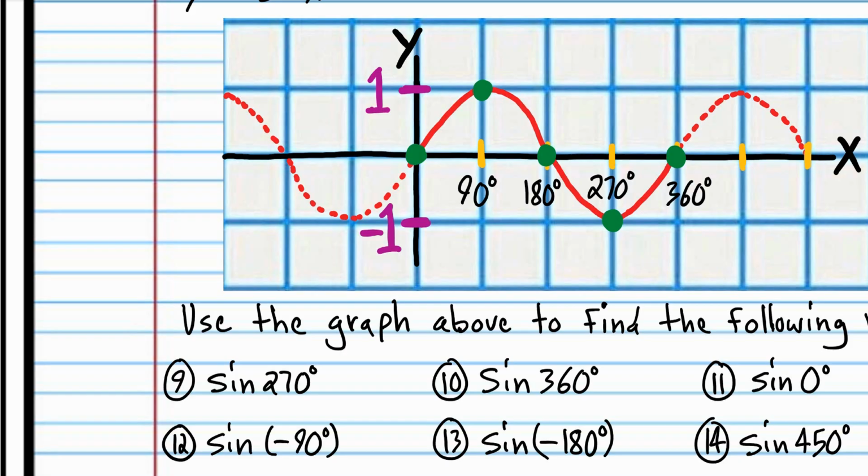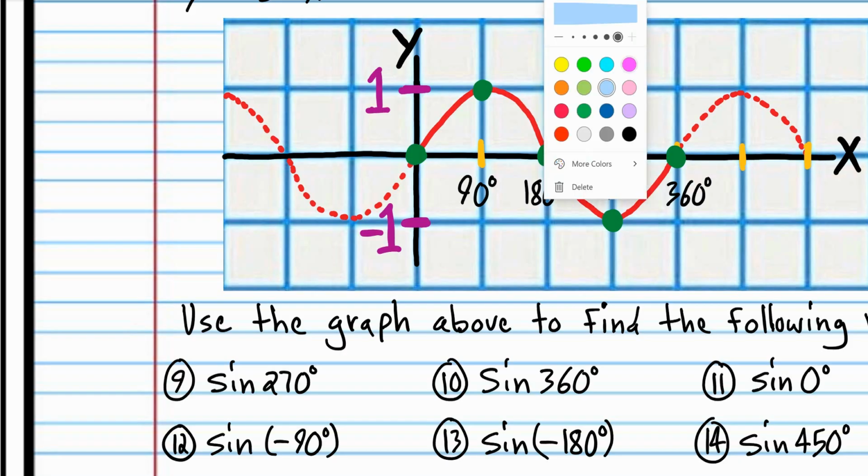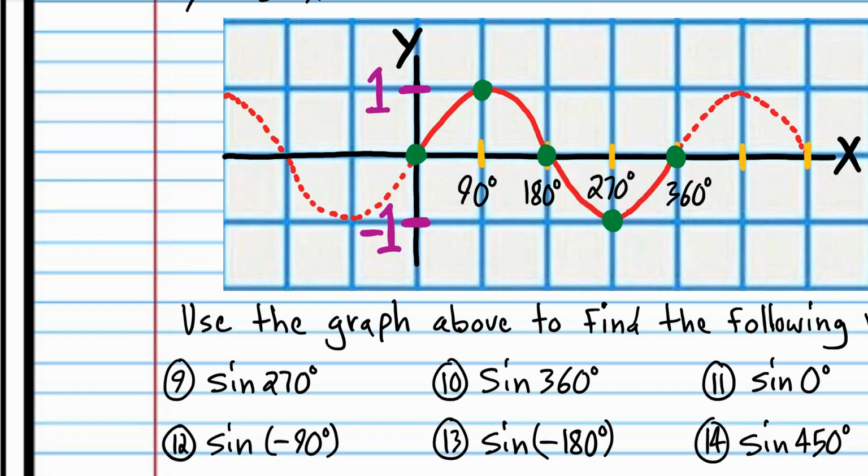So what we do is we go to our curve, and we count out 270 on the x-axis, and then we ask the question, what is the y value on the curve? So if x is 270, what is the y value of the corresponding point? And that is -1. You go down 1 unit. So sine of positive 270 is -1.